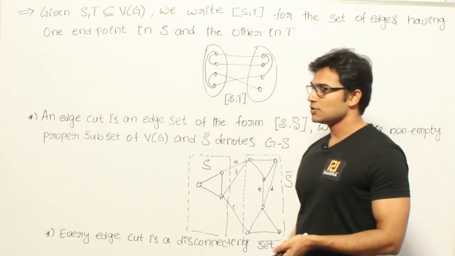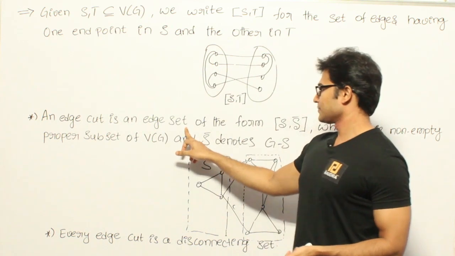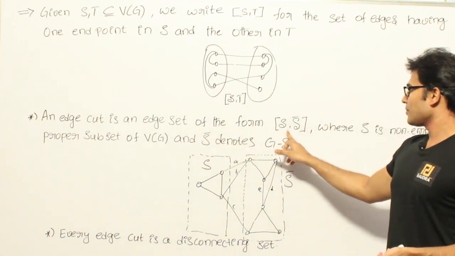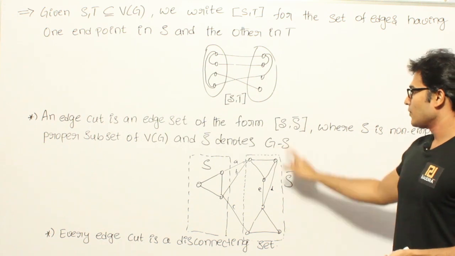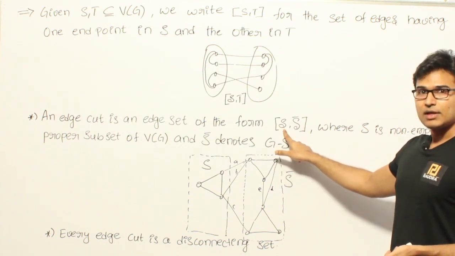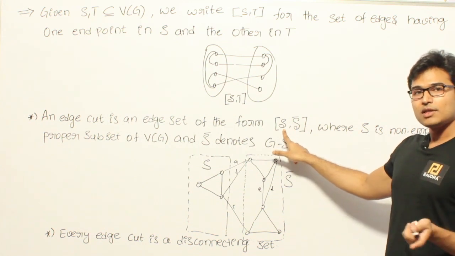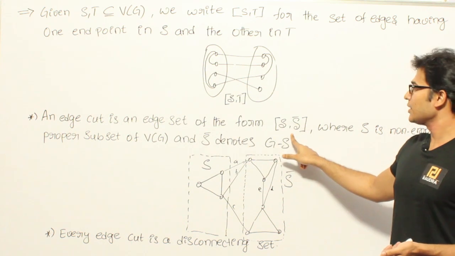Now let's see the definition of the edge cut. An edge cut is an edge set of the form S comma S dash. So what does it mean? If you choose a subset of the vertices into one set, then all the remaining vertices should be in the other set. That is why S and S complement, right?